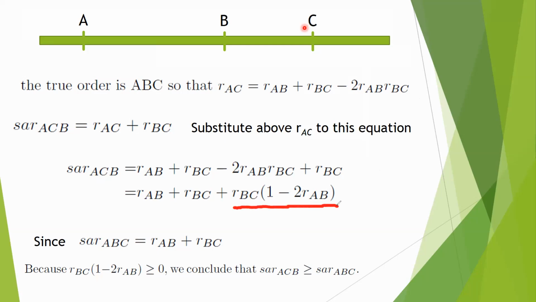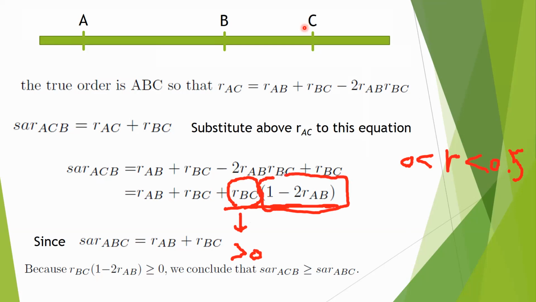All right. So now let's take a look at it here. What is R? R is a value between 0 and 0.5, right? So this is what we know. So then this guy is greater than 0. How about this? Is this part greater than 0 or less than 0? Greater than 0, because R is less than 0.5, right?